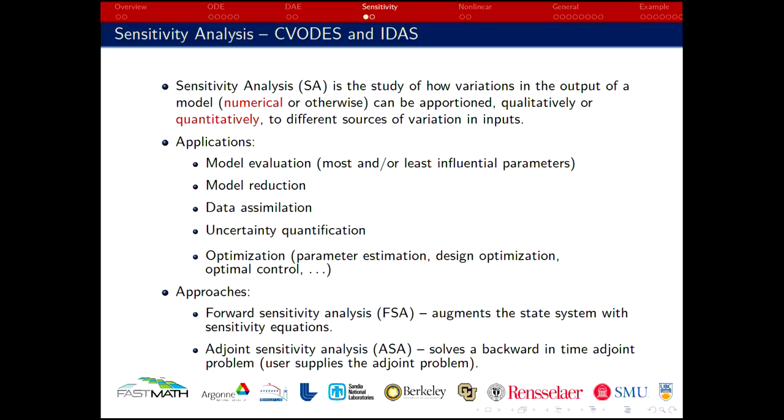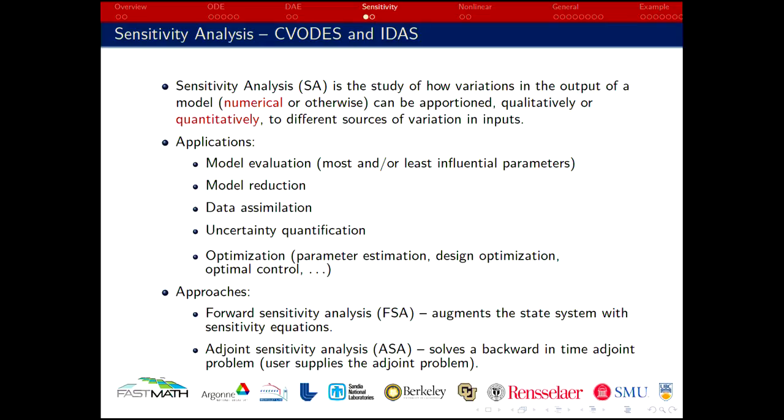Maybe you don't know those partial derivatives of how your outputs for each time step depended on the parameters or the inputs. So we can try to do the adjoint sensitivity analysis solve instead. And the idea there is we're going to do 2 forward solves and 1 backward in time solve. And so what you have to provide is some mechanism for us to be able to integrate backwards in time, which is this adjoint problem.